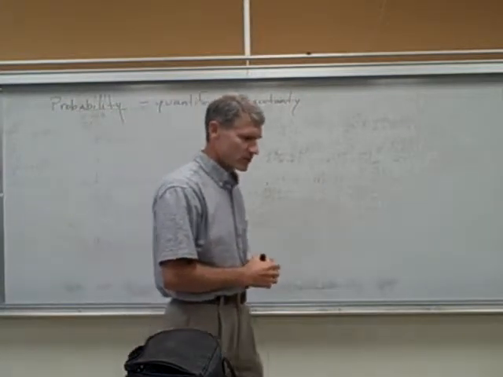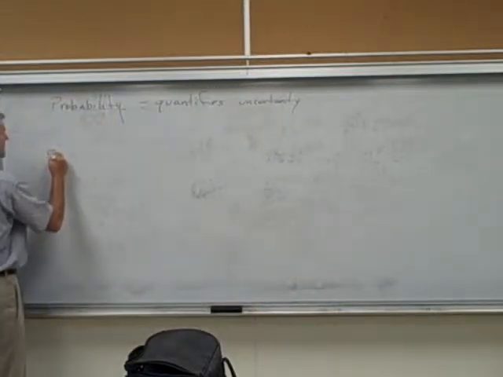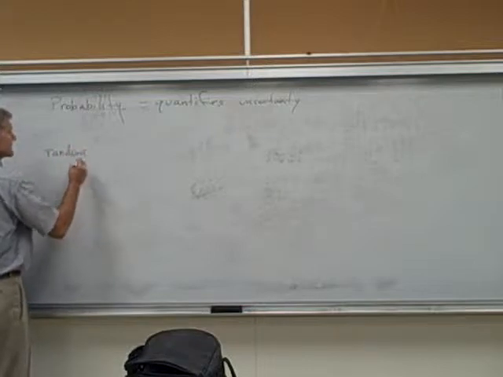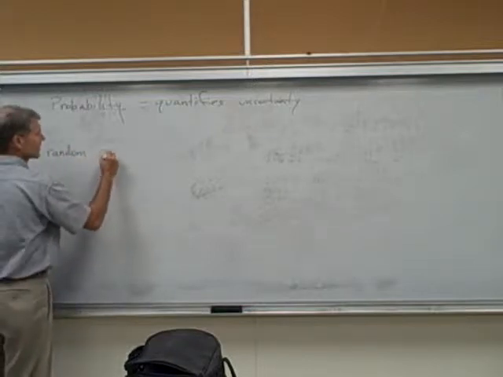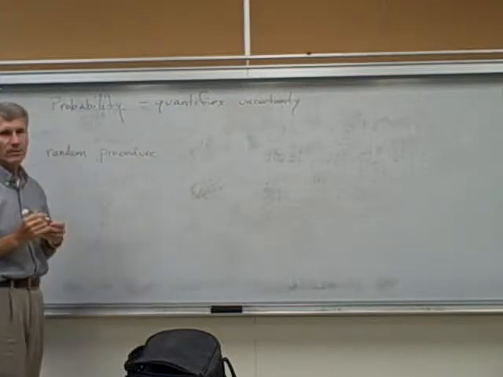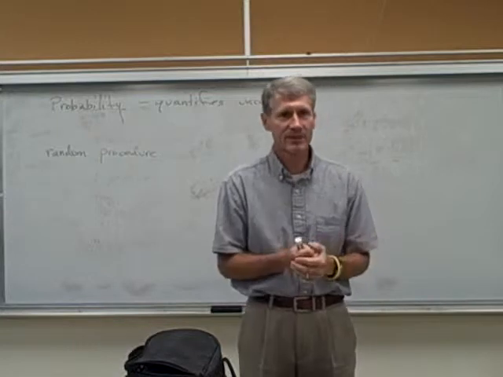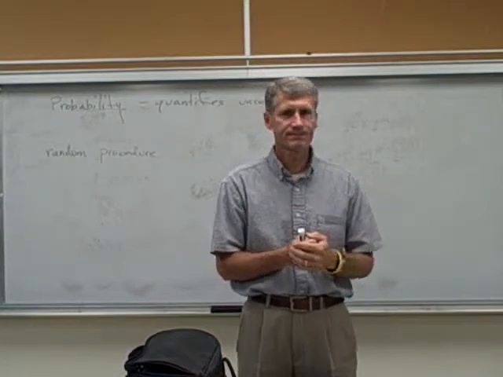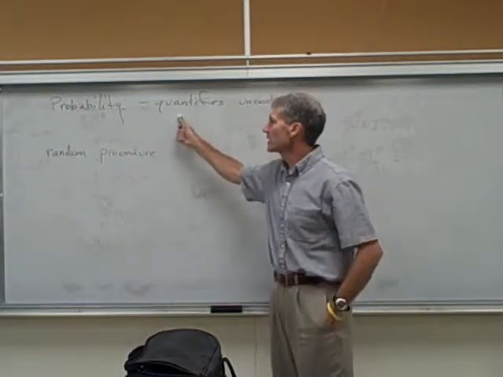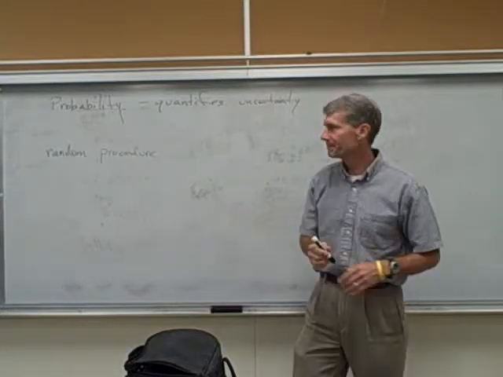The book calls it a random phenomena, and that's too hard for me to spell, so I call it a random procedure, or a random event of some kind. Like if I flip a coin, that's a random procedure. Probability quantifies the uncertainty in the outcome that you'll get.